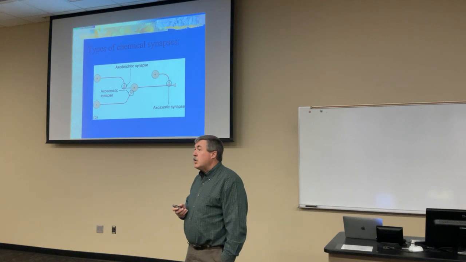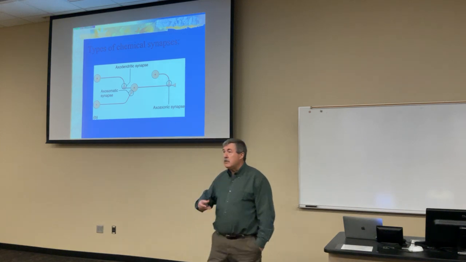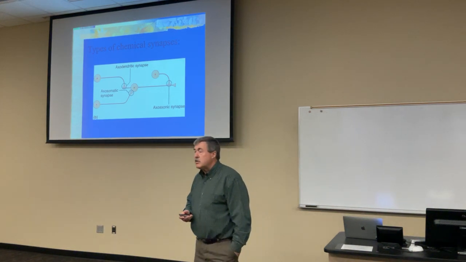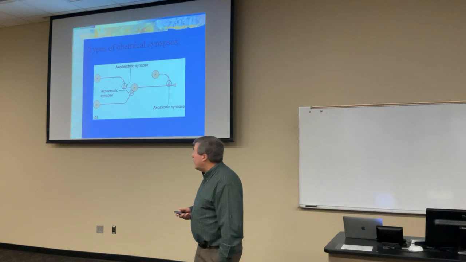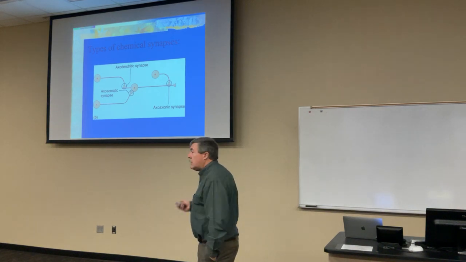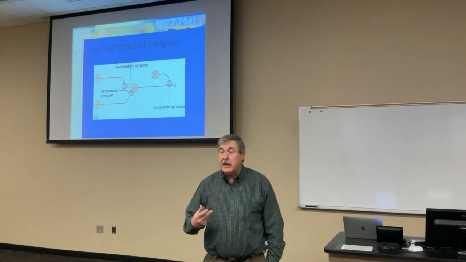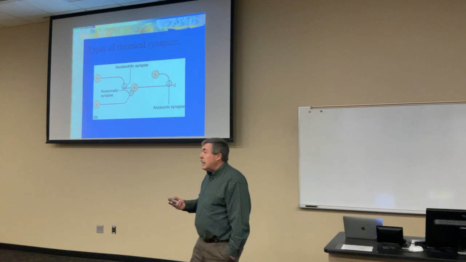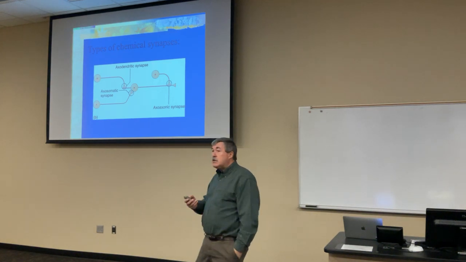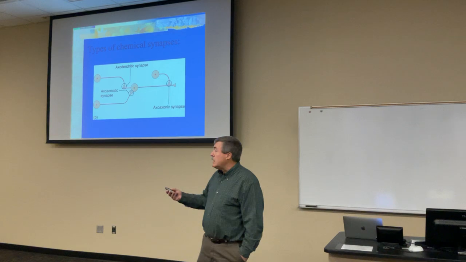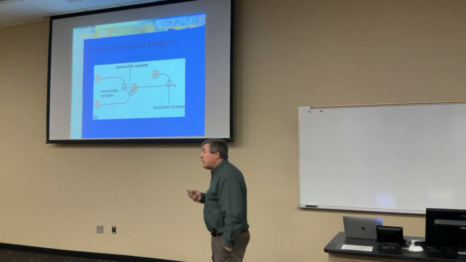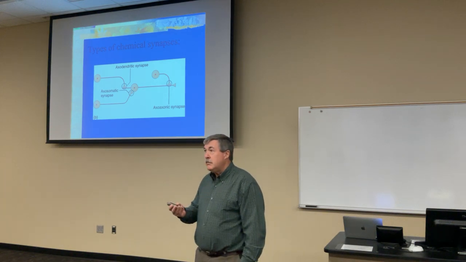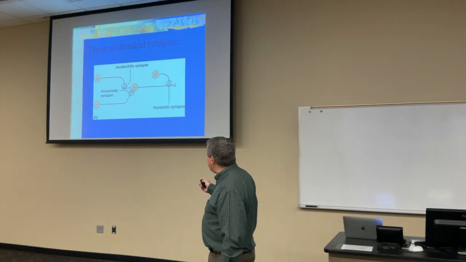So it can modulate or modify the amount of neurotransmitter that's released. And it can do that in two different ways, depending on what neurotransmitter the presynaptic neuron releases. It can either cause an increase in the amount of neurotransmitter that's released by the postsynaptic neuron, or it can decrease the amount of neurotransmitter, depending on what neurotransmitter is released by the presynaptic neuron.